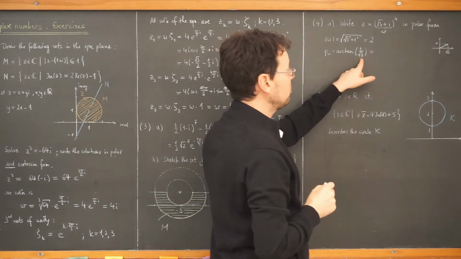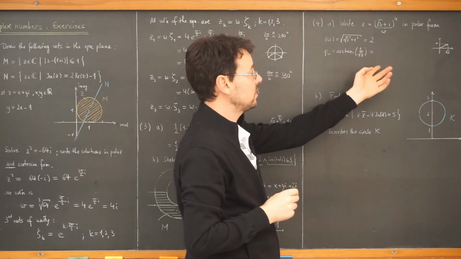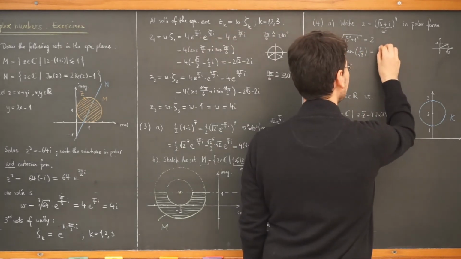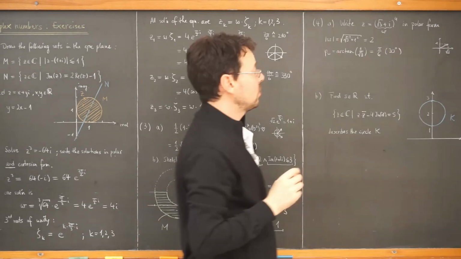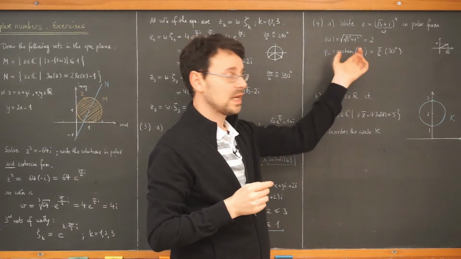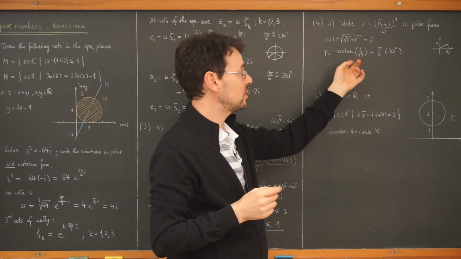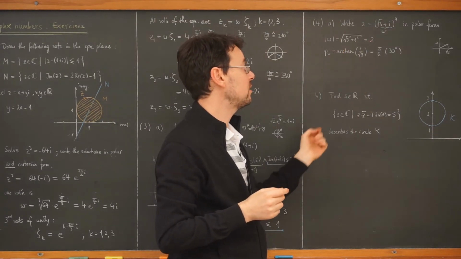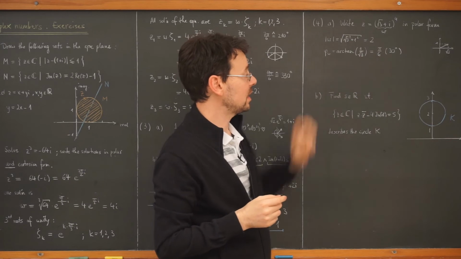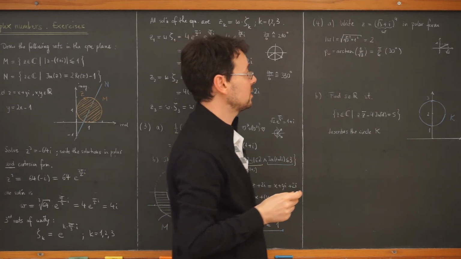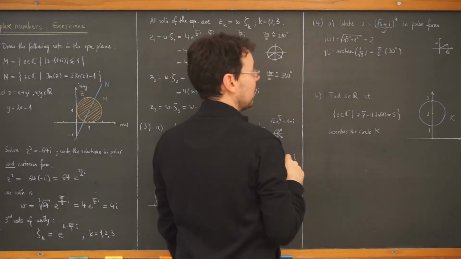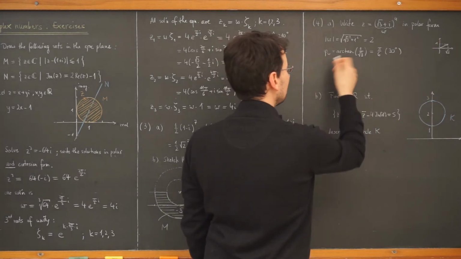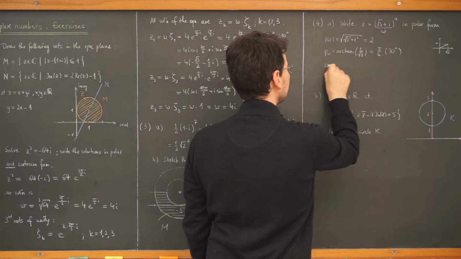And this you have to know by heart, that this is 30 degrees or pi over 6. Because if you have memorized the values of sine and cosine, then the tangent is nothing but the sine divided by the cosine. And this exactly corresponds to pi over 6, which you could also have guessed by looking at this arrow here.